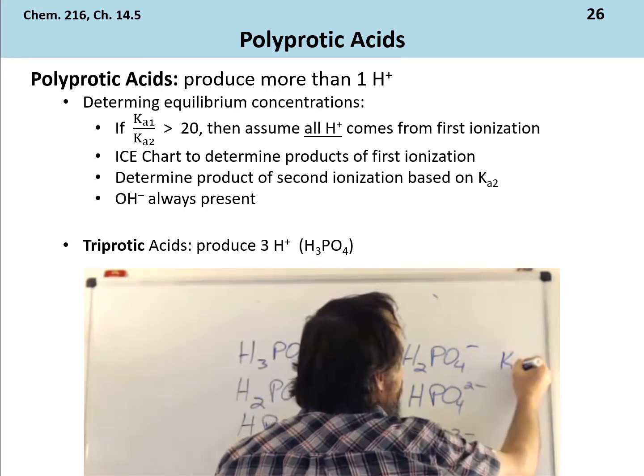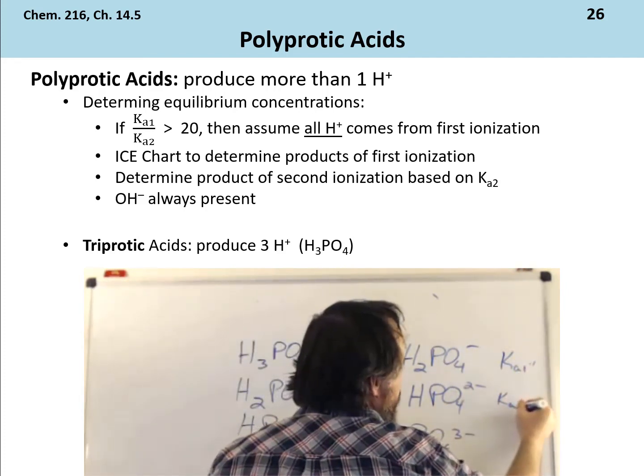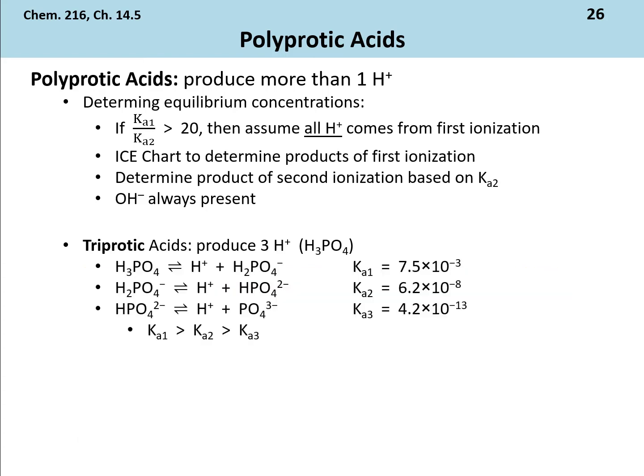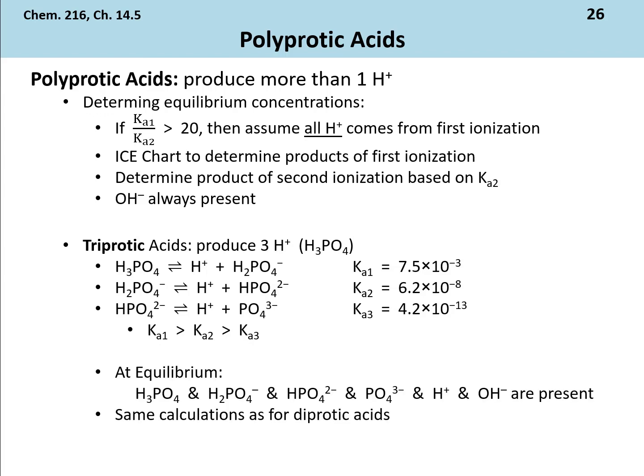This is Ka1, Ka2, and Ka3. Now, Ka1 is always going to be bigger than Ka2. It's always going to be bigger than Ka3. Okay? And if I put H3PO4 into solution, I'm going to get all of these compounds at equilibrium.